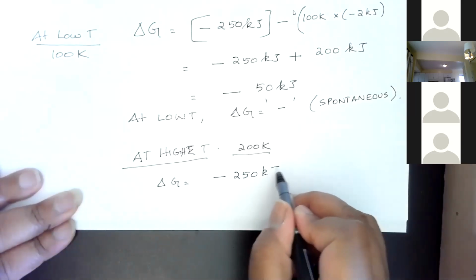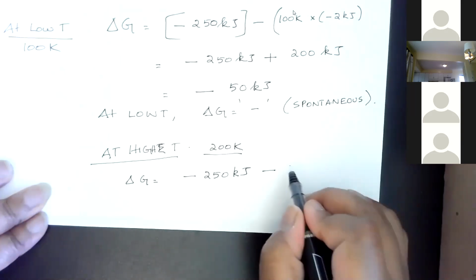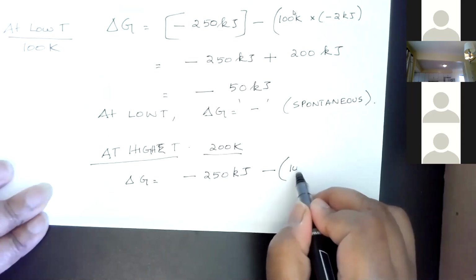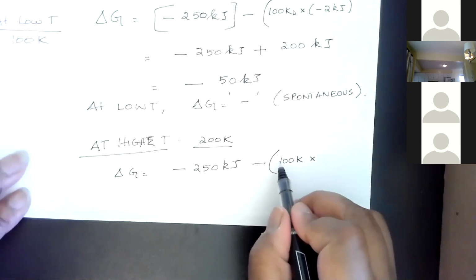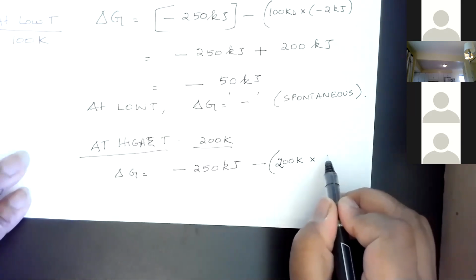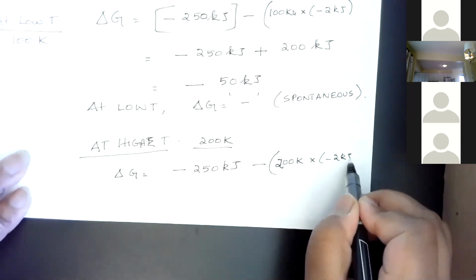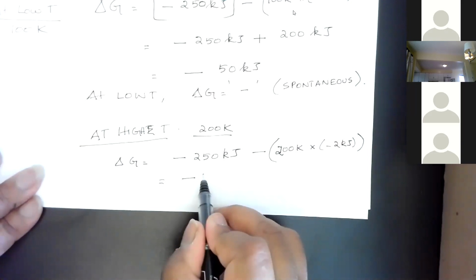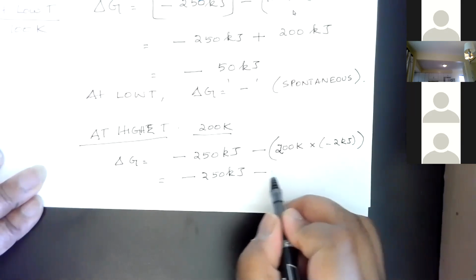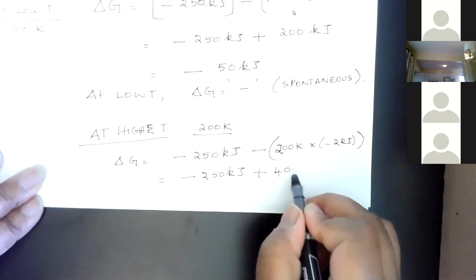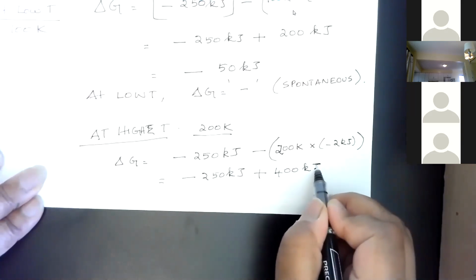Because delta H and delta S, they don't change for the reaction. They're always the same. You can only play with the temperature. So this still remains the same. Delta S also remains the same, but the temperature, you've made it higher. So now this is positive.